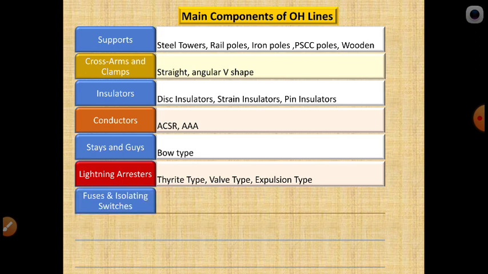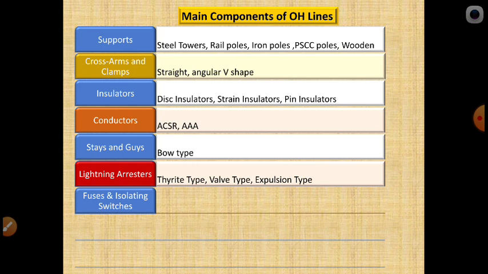Now another is the fuses and isolating switches. As the name itself says, fuses, the KitKat fuses, HRC fuses, and isolators. An isolator isolates the circuit under no load conditions. In case of the LT AB switch, it can be operated under load conditions, but in substations, the EHT substations, we always operate the isolator after tripping the circuit by circuit breaker.